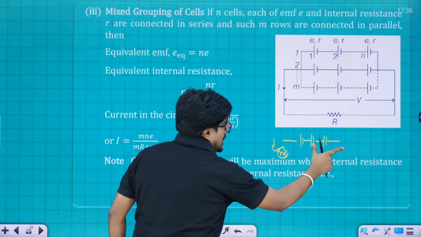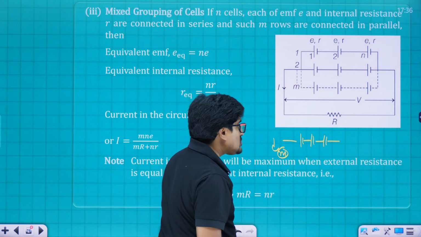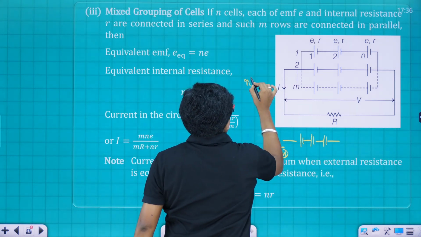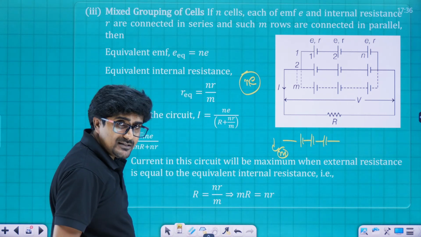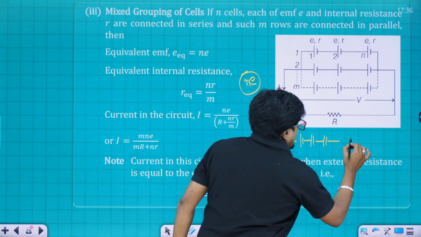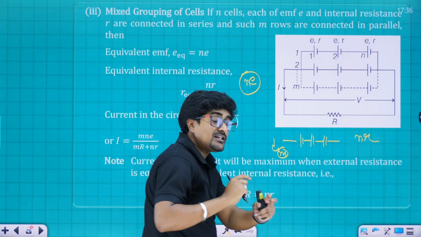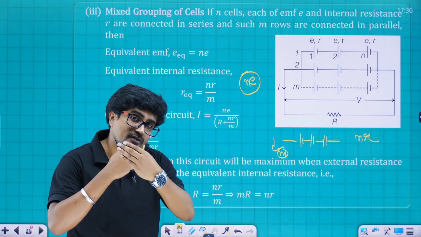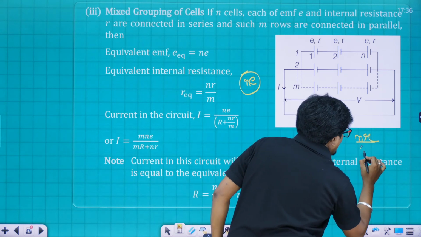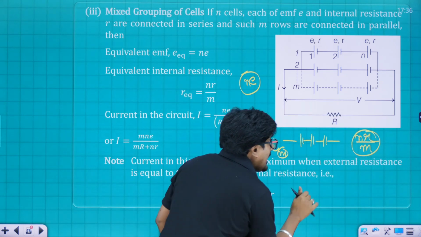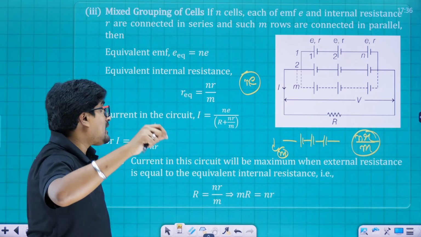Because we have n in series, the effective EMF is going to be n times small letter e. And r equivalent is going to be n times small letter r, that is the equivalent resistance just because of the cells connected in series, and we have m such rows, so n times r all divided by m is going to be r equivalent.